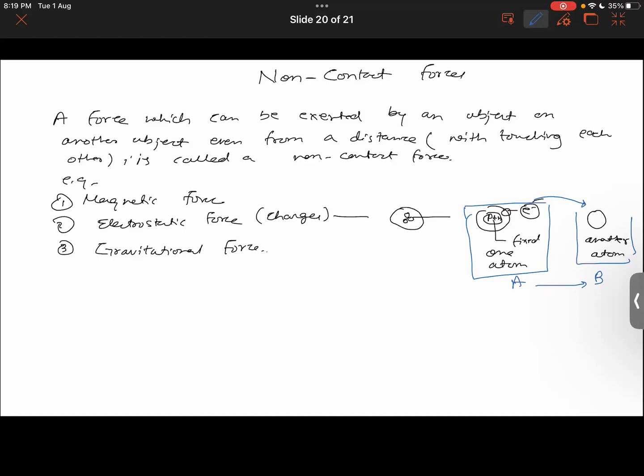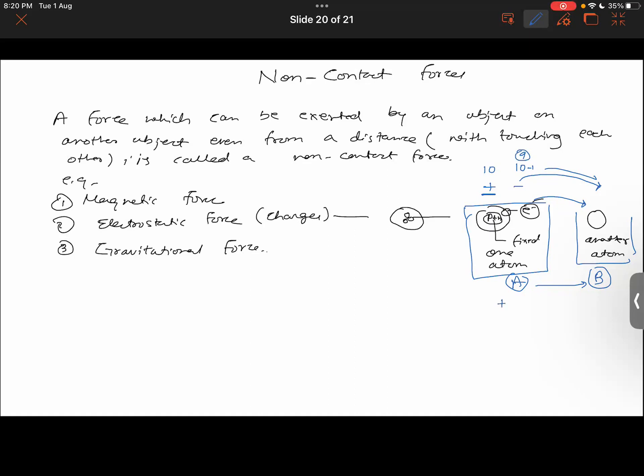We know that an atom has both positive and negative charges. So if some of the negative charges transfer to this one, body A will have a deficiency of negative electrons, so the net amount of charge will be positive now. Earlier, let's say there were 10 electrons and 10 protons. Now one was transferred to the other, so it has only 9 electrons.